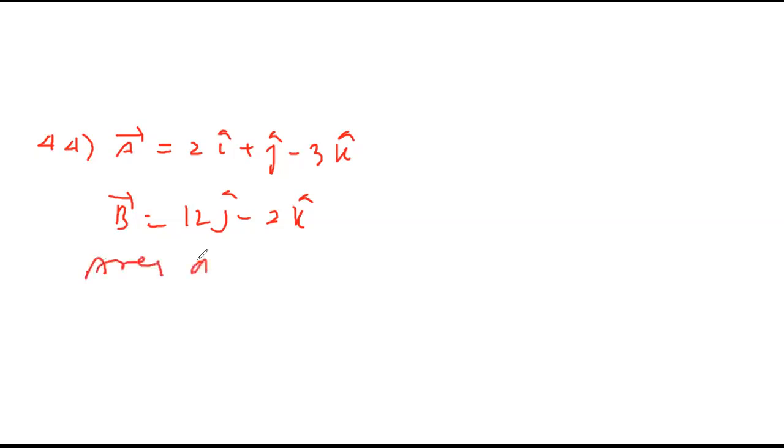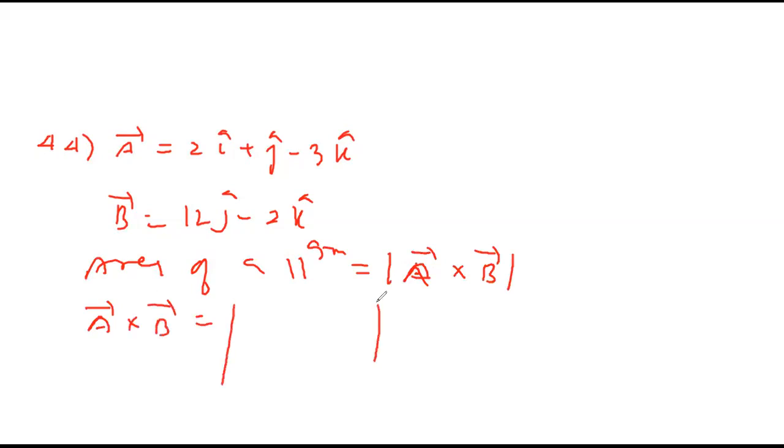Area of a parallelogram is the magnitude of the cross product of adjacent sides of the parallelogram. Now A bar cross B bar is the determinant of i cap, j cap, k cap; 2, 1, minus 3; 0, 12, minus 2.